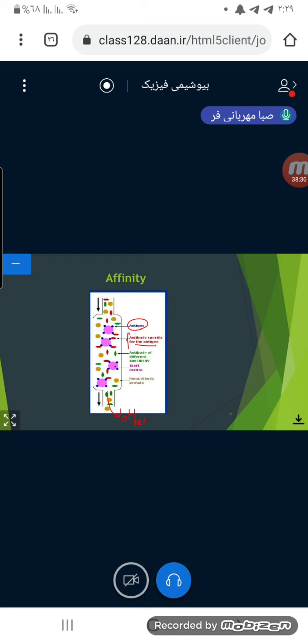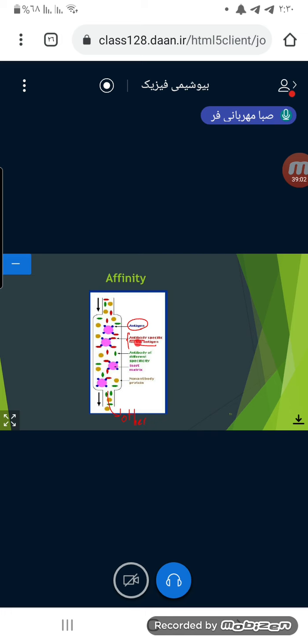Antibody is something that our body usually produces in some situations, like when we are in disease. For example, if someone has a coronavirus or different kinds of virus or bacteria, antibodies are secreted by the body.